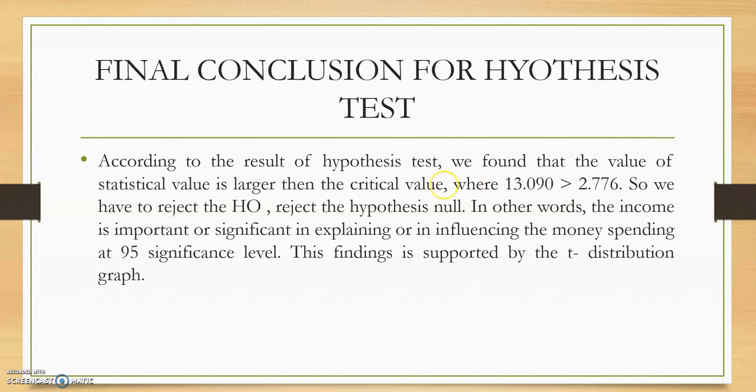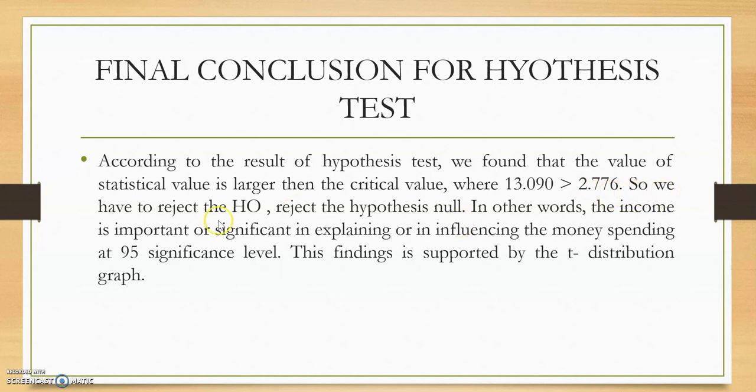Final conclusion for the hypothesis test. According to the result of the hypothesis test, we found that the statistical value is larger than the critical value, where 13.090 is larger than 2.776.